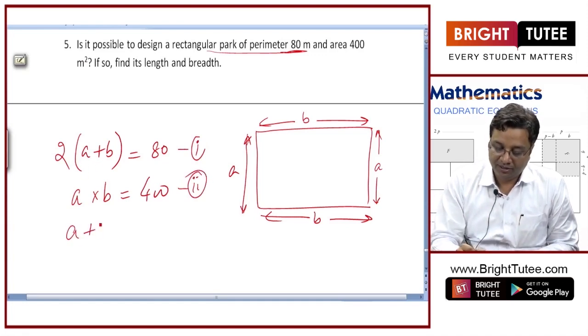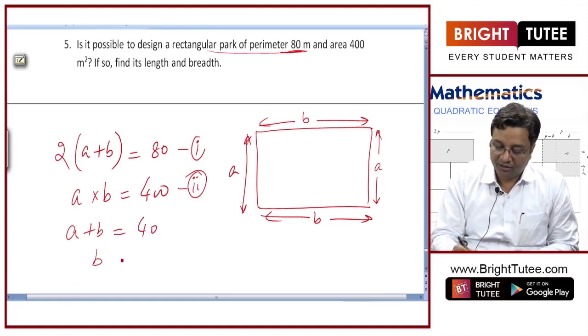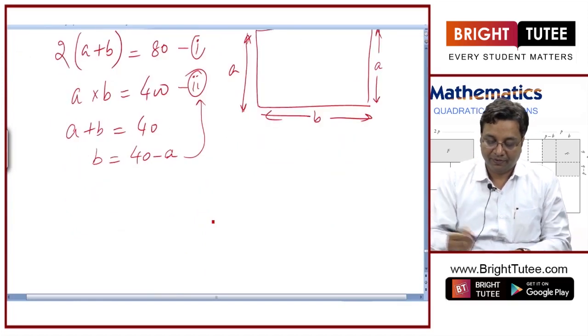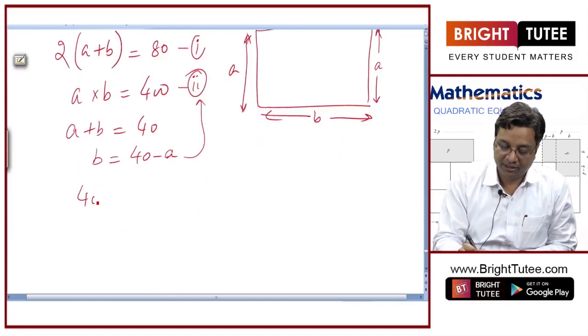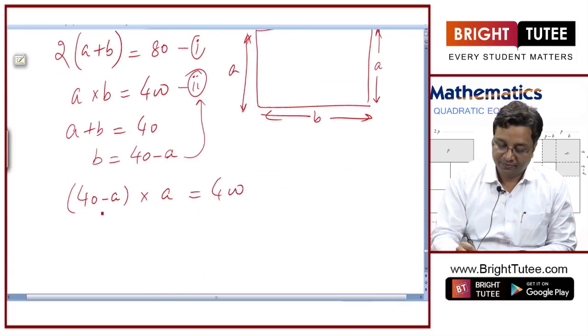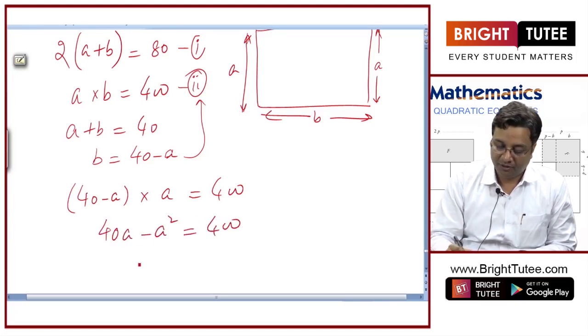So a plus b becomes 40, right? So what I can do is I can take b equal to 40 minus a and put it in equation number 2. So (40 minus a) into a should be equal to 400, and 40a minus a square is equal to 400.